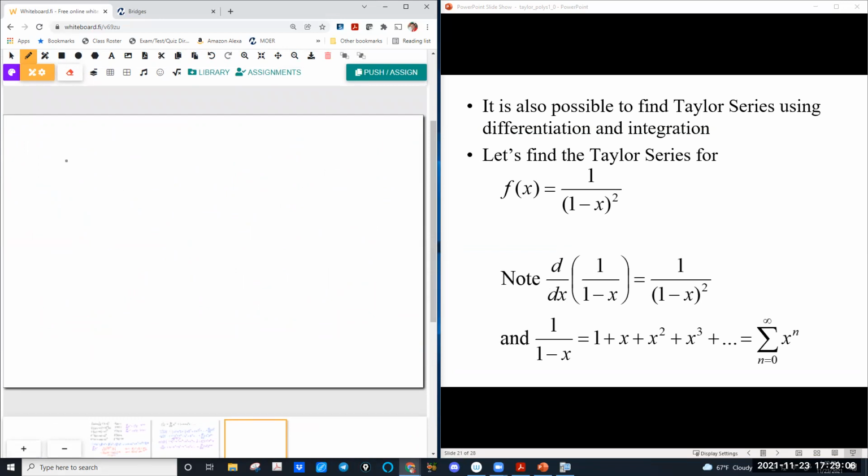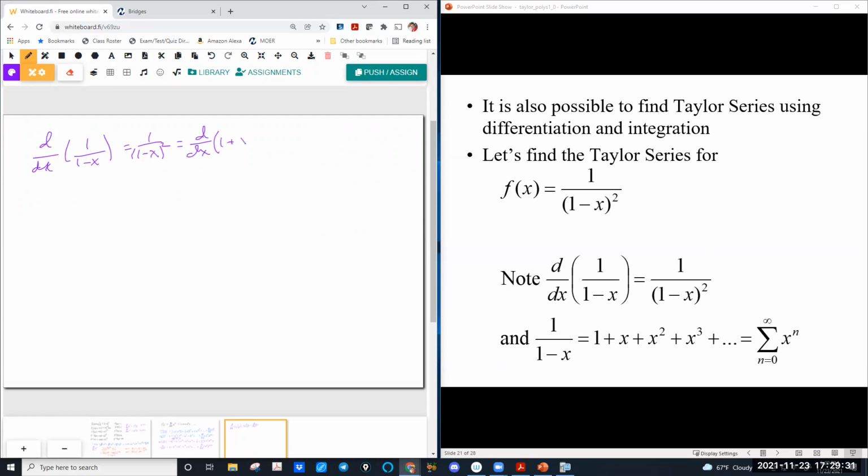Read that backwards. So we know that the derivative of 1 over 1 minus x is 1 over (1 minus x) squared. So if we want to find its Taylor series, we want to do the derivative of the Taylor series for 1 over 1 minus x.